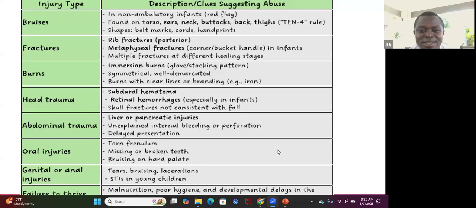So the next one, we have head trauma. We talked about that one already: subdural hematoma, and retinal hemorrhages when viewed under fundoscopy. Then skull fractures not consistent with a fall.